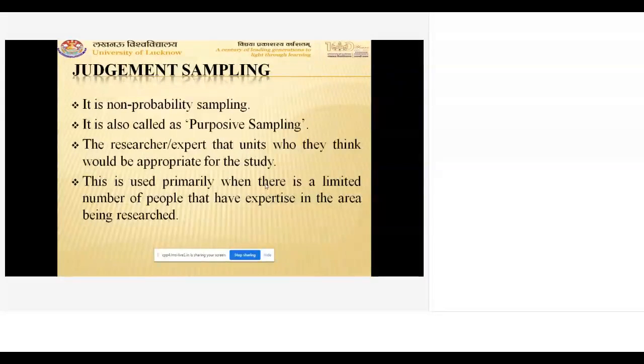A person using any other brand of toothpaste will not be included in our sample. That is judgment sampling. We set some criteria for selecting individuals into the sample, but go to the individuals depending upon our convenience. So we go as per our convenience and do not apply any random selection method. It is called non-probability sampling.